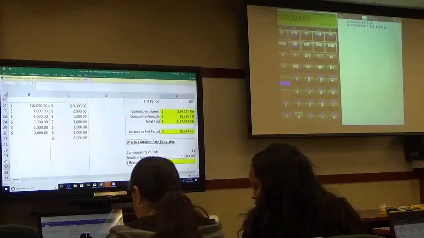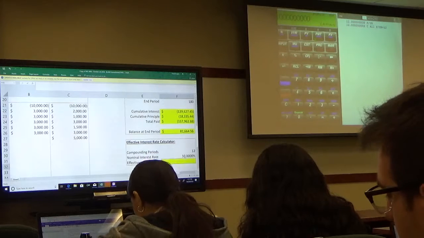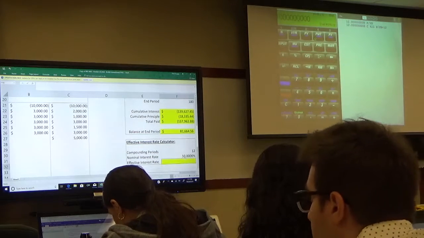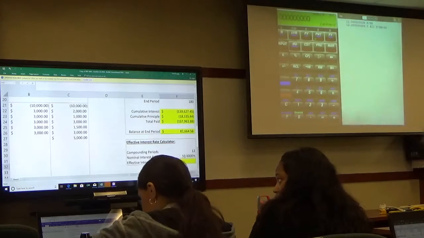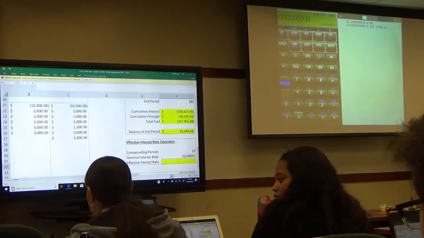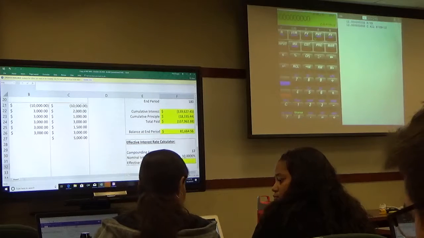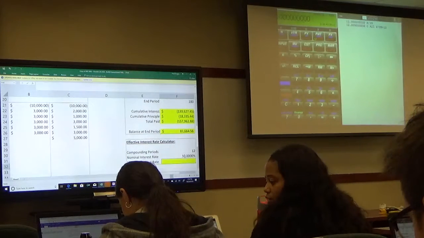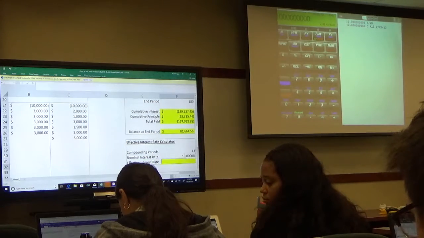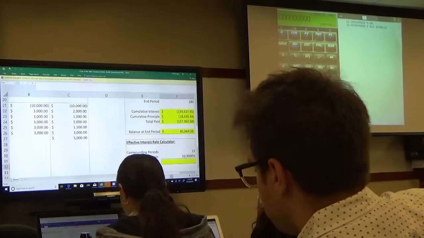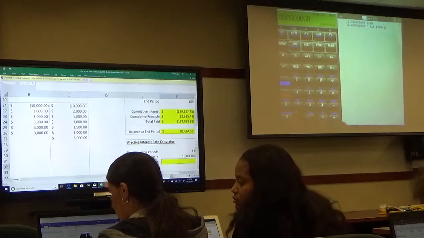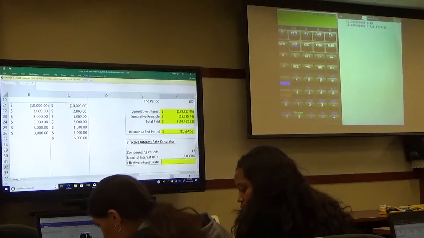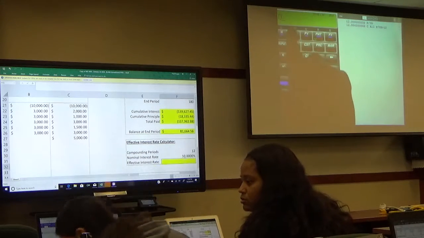On your calculator, if you have your payments set up as I do now, with 12 payments per year, go ahead and put your calculator at 12 shift payments per year to get it set up, clear it out, make sure that it's set up correctly. Now you can type in any interest rate. In this case, we're going to type in 10% and put that as your interest rate.